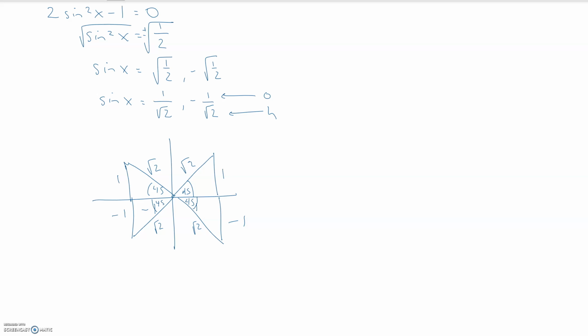And the spacing looks pretty promising. I know that this is 90 degrees between angles. I know this is 90 degrees between angles. And I know from 45 to 135, we've got little 90s all the way around. So what I end up with is x equals pi over 4 plus pi over 2 n.